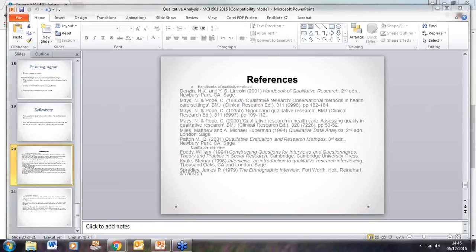But the technique of doing a thematic analysis is the same for a narrative review as it is for research data if you're undertaking a qualitative study. So the principles are very much the same. Any questions? I feel like I've gone very quickly today.